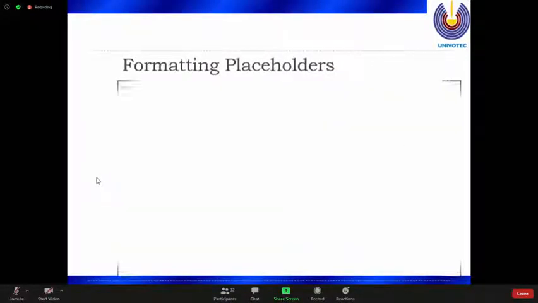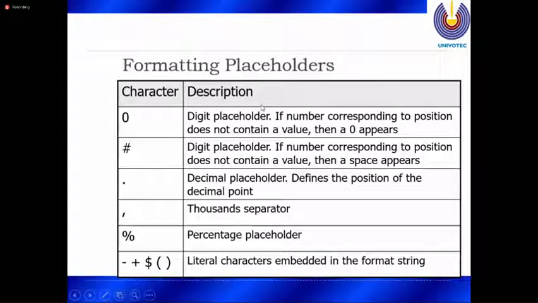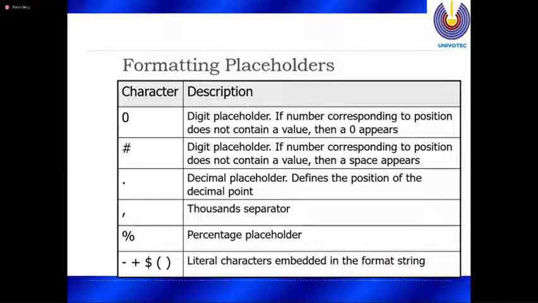The formatting placeholder: zero digit placeholder. If the number corresponding to the position does not contain a value, then the 0 appears. If you use the placeholder 0 and the value is not there, then a 0 appears for that position.